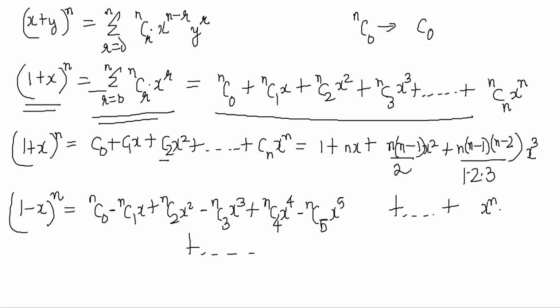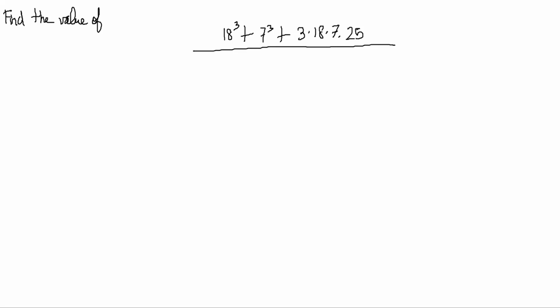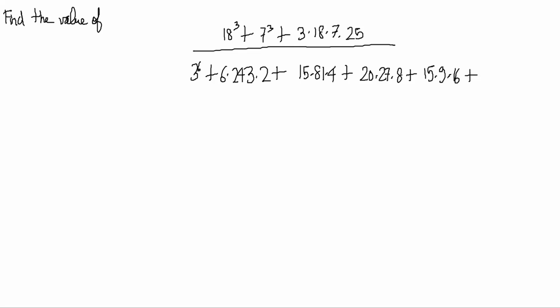Then let's do one more question. Find the value of 18 cube plus 7 cube plus 3 into 18 into 7 into 25, divided by 3 power 6 plus 6 into 243 into 2 plus 15 into 81 into 4 plus 20 into 27 into 8 plus 15 into 9 into 16 plus 6 into 3 into 32 plus 64.